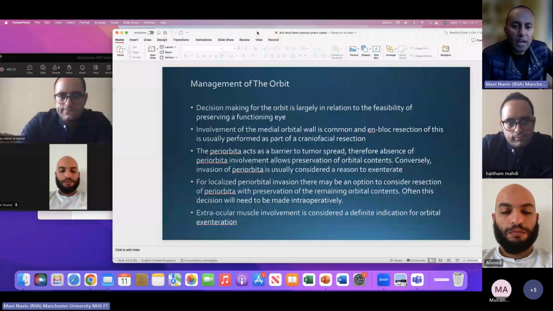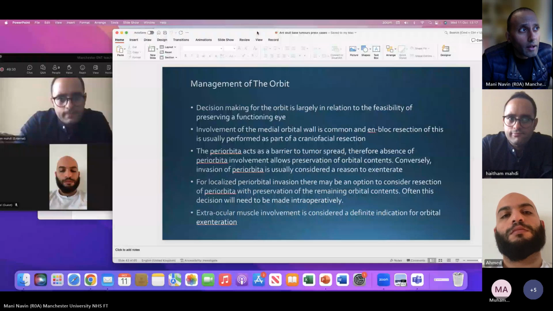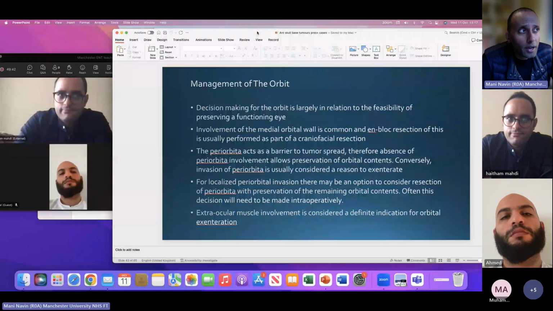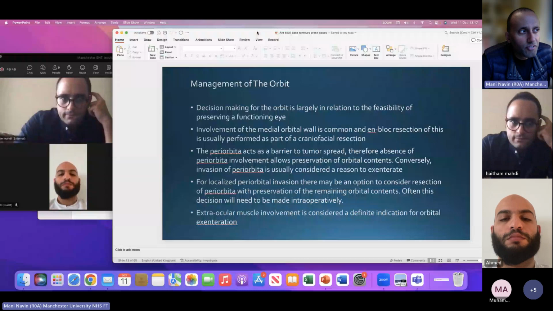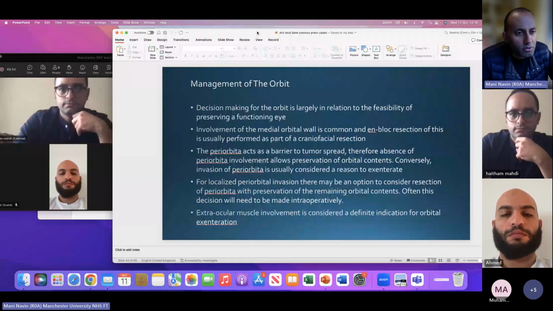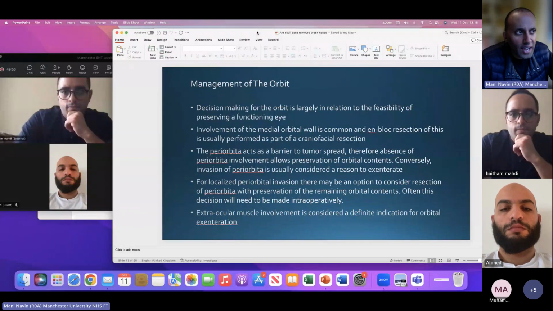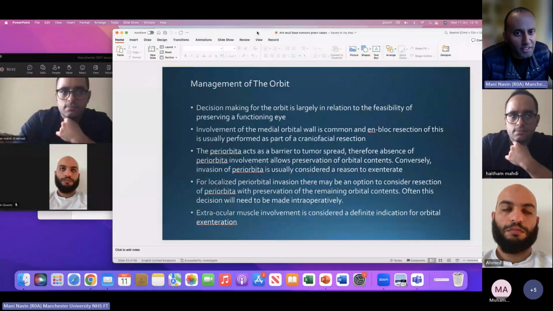The one thing you have to bear in mind here is this: if you have preserved the globe and the eye whilst resecting periorbita, some periorbital fat, maybe even some extraocular muscle, this patient is going to require adjuvant postoperative radiotherapy. When you irradiate the globe, it's a very difficult situation because you can end up with a red, painful, discharging eye, which patients will really have major side effects from.